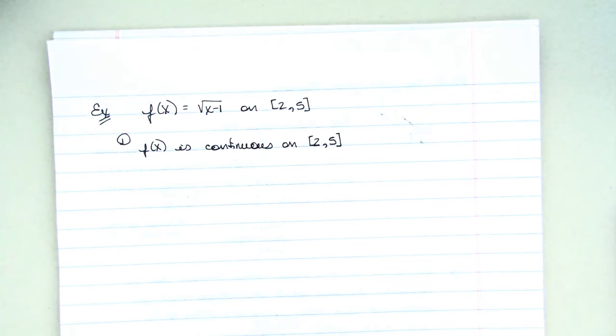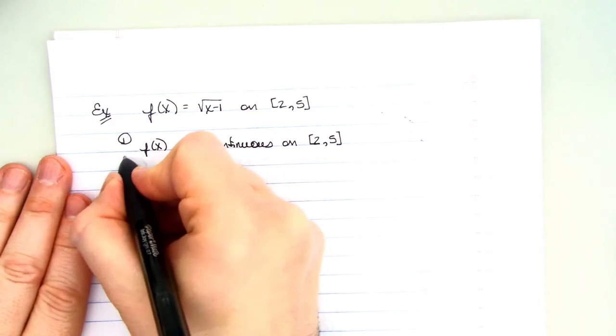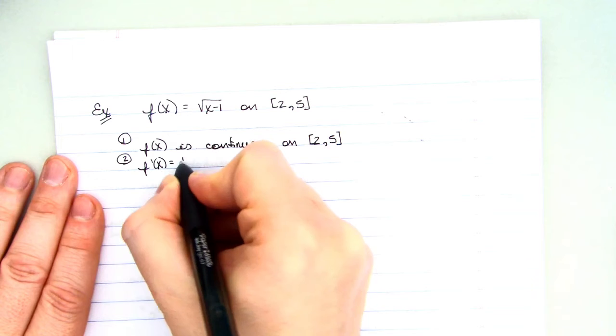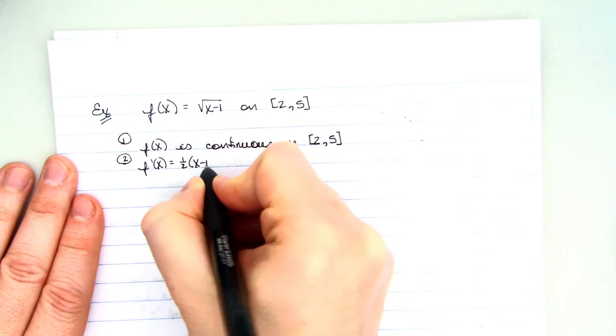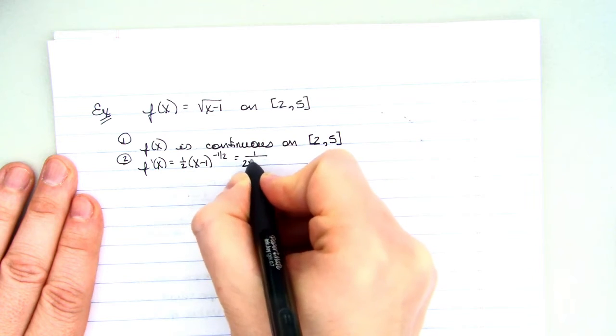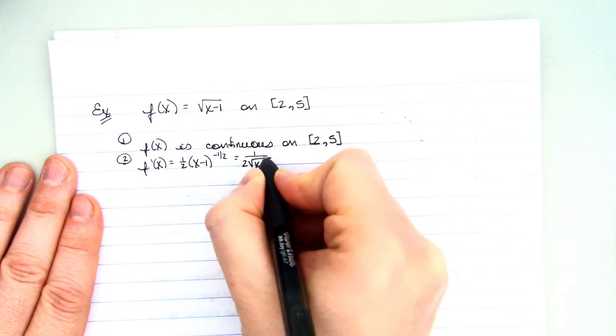Take a moment, get your derivative, and tell me if we're differentiable on the open interval from 2 to 5. Okay, so f prime of x is going to equal 1/2 times x minus 1 to the negative 1/2, or 1 over 2 root x minus 1.